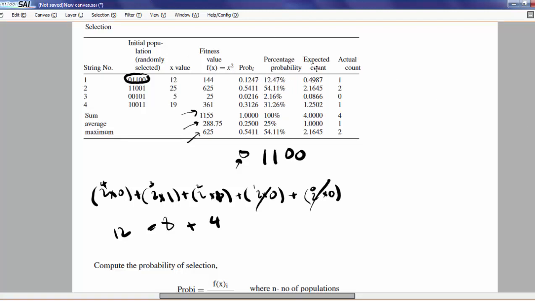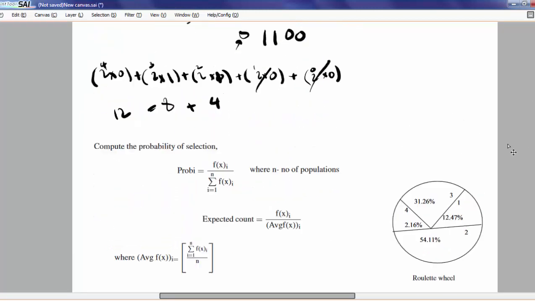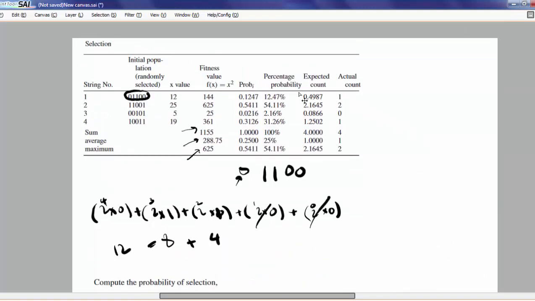And we compute the expected count using this equation: fitness over the average of fitnesses. After that you round these numbers to find the actual count for these 4 strings or chromosomes.